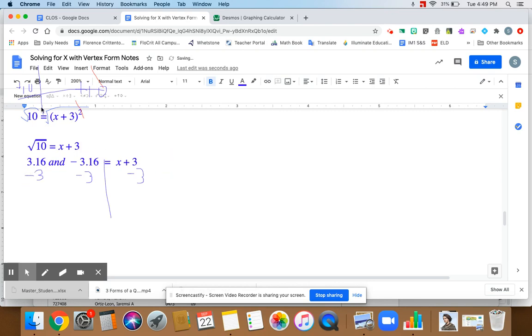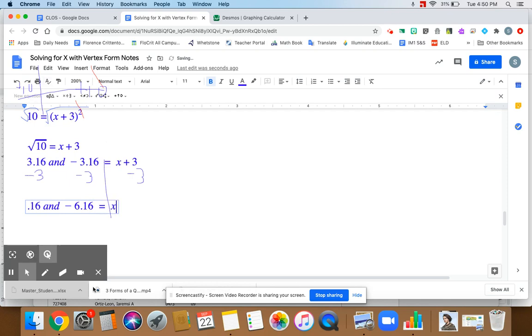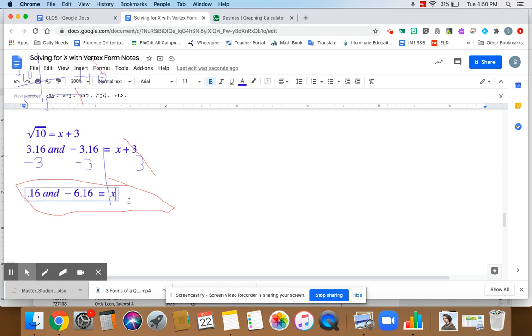Now my final answer is going to be 3.16 minus 3 is just 0.16, and negative 3.16 minus 3 is negative 6.16 equals x, because this plus 3 minus 3 eliminated and canceled. So those are my two answers when I solve for x. And remember, with quadratics, if you're solving for x, there are always two answers.